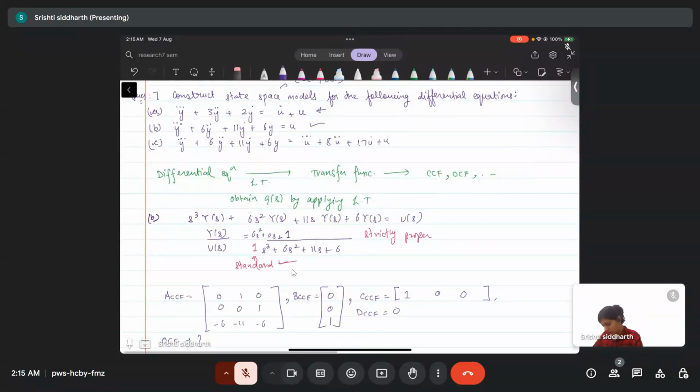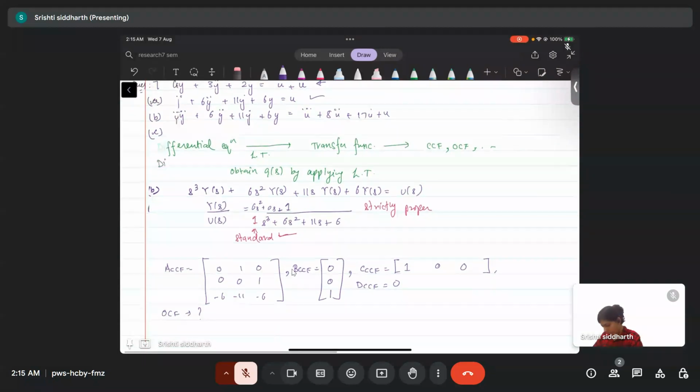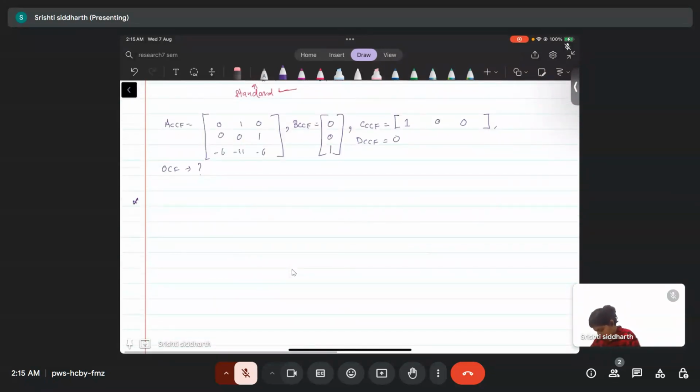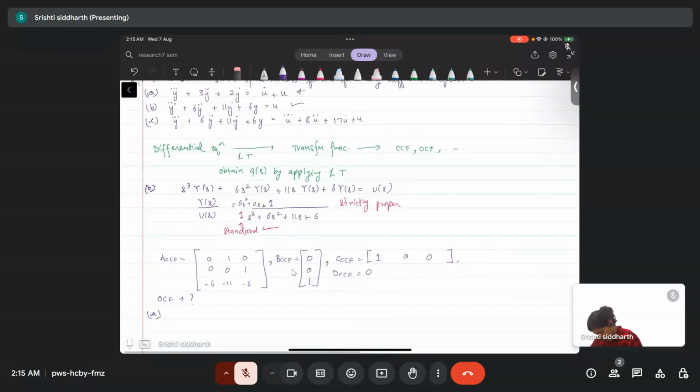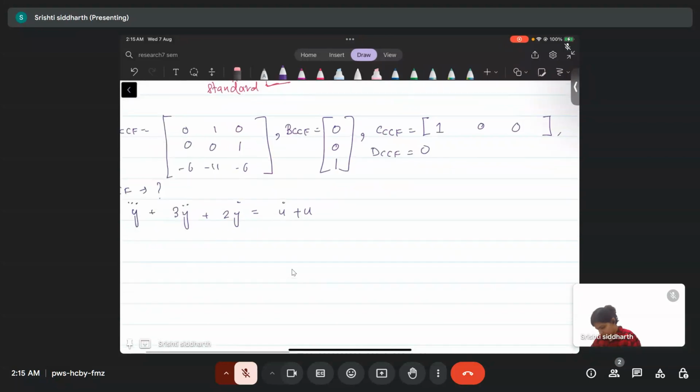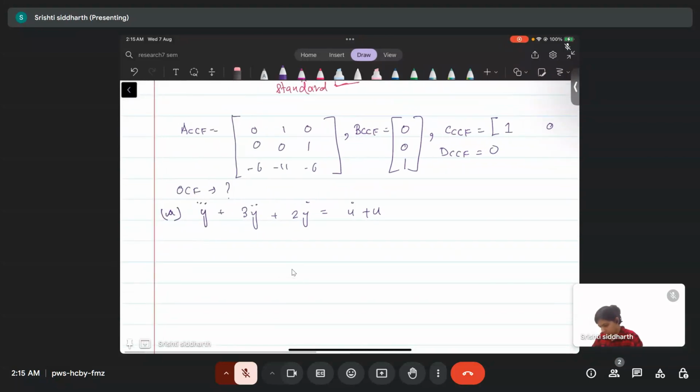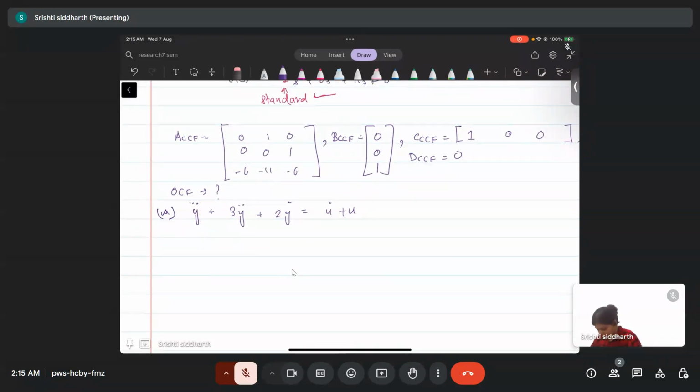Now let's look at the system where we have the first order derivative of u. Let's just rewrite the differential equation. Now let's take the Laplace transform on both sides.